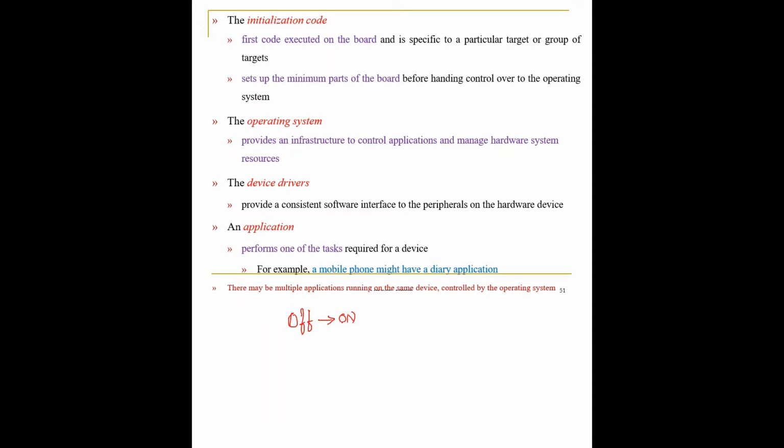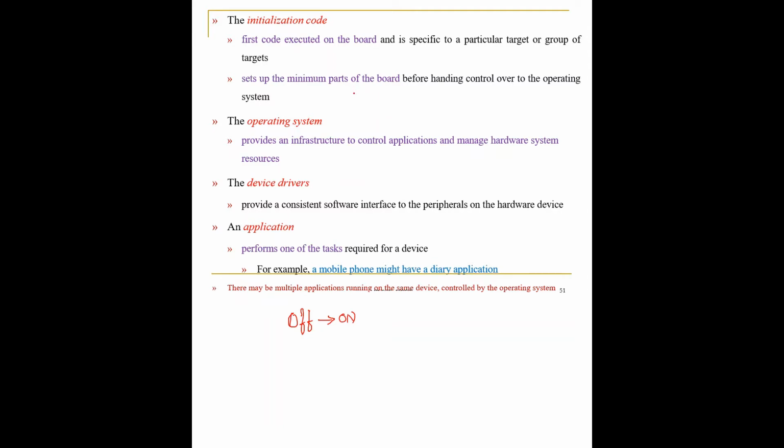The set of codes which brings your system from the reset state to the on state is called initialization code. It sets up a minimum part of the board before handing over control to the operating system. So in short, initialization code is a set of codes which helps my system turn on from the reset state, or off state, to the on state.